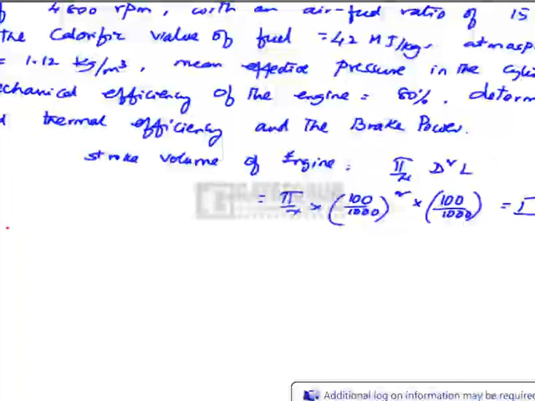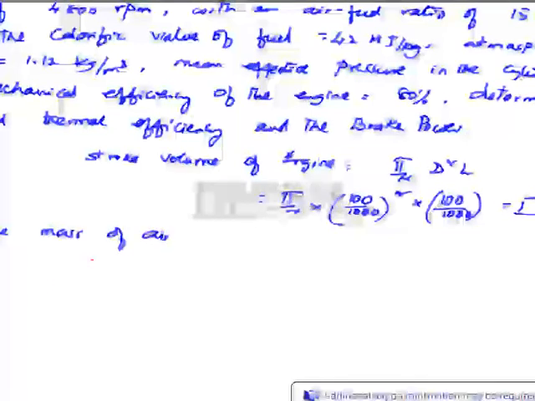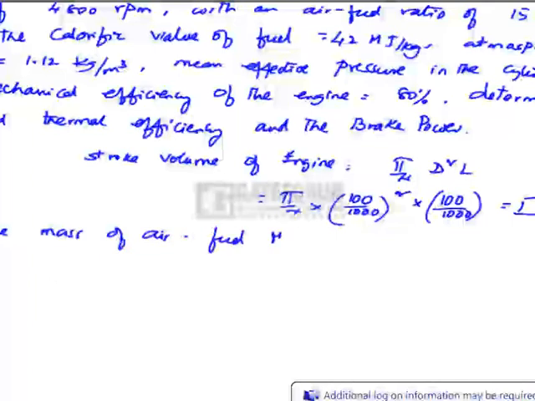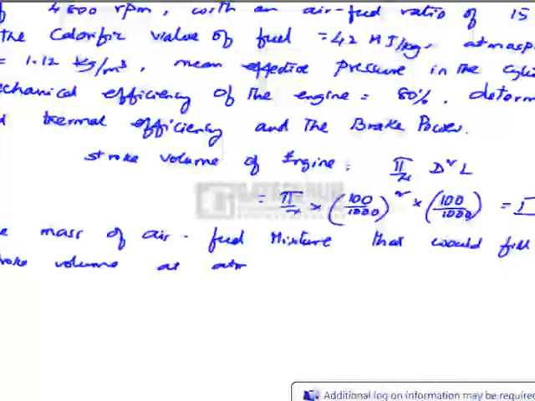Now we would calculate the mass of air fuel mixture that would fill the entire stroke volume at atmospheric conditions, which is equal to V stroke into the density of the air fuel mixture.